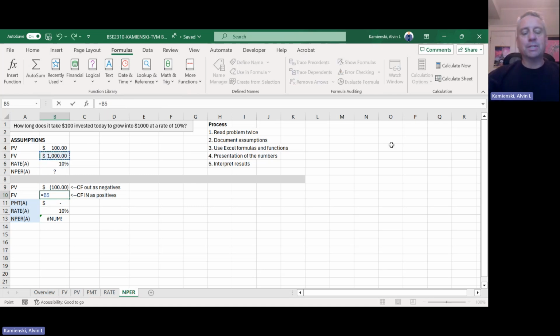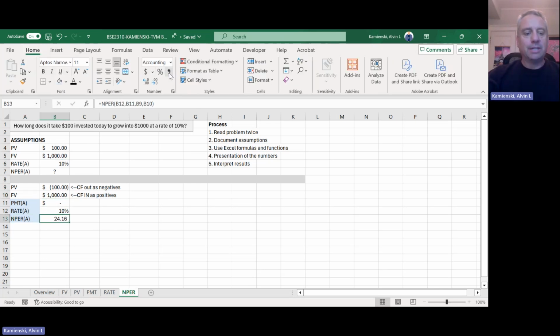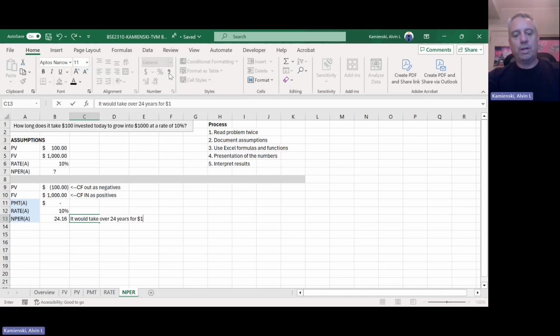So I'm just going to go back and do equals 1,000, and then lo and behold, if I trim this down and make it a standard number format, it would take over 24 years for $100 to grow into $1,000 if you earned a 10% annual rate of return.